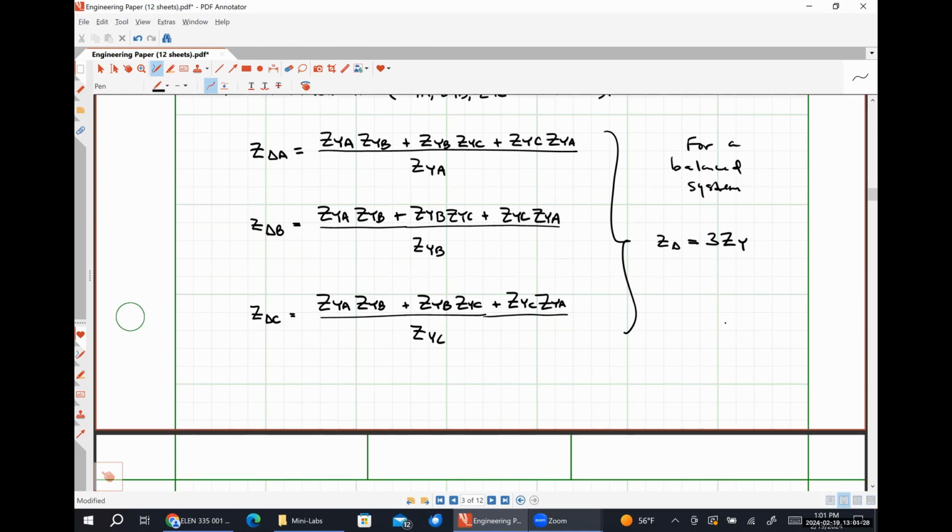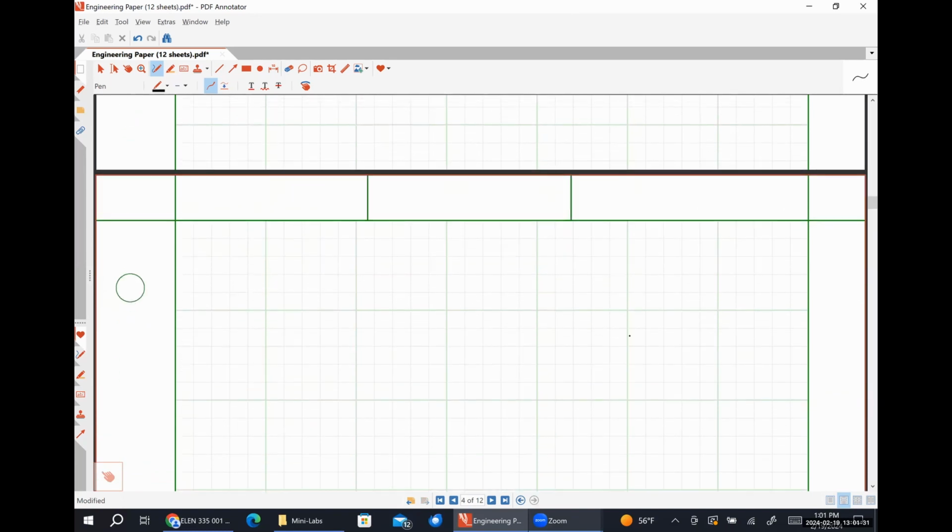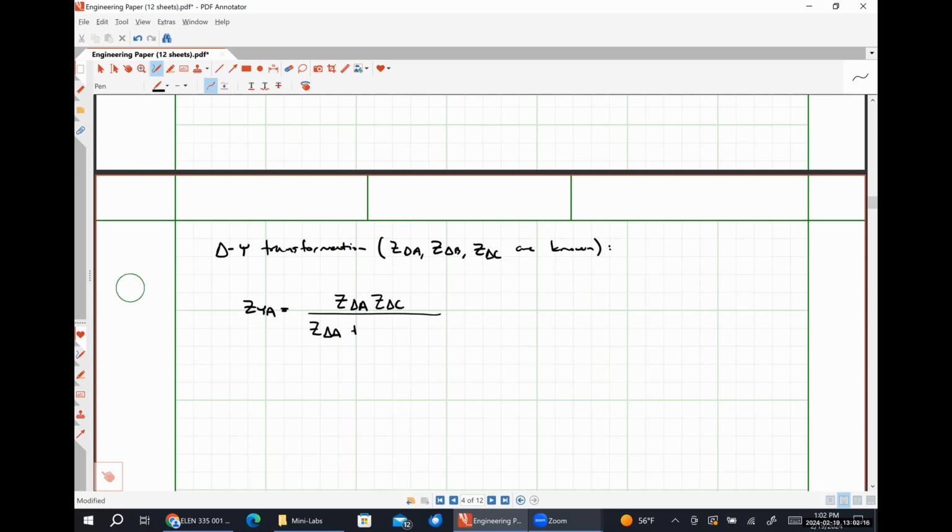So for a delta to Y transformation, where Z delta A, Z delta B, and Z delta C, that looks too much like an A for my taste, are known, we wind up getting the relationships ZYA is Z delta A times Z delta C divided by Z delta A plus Z delta B plus Z delta C.